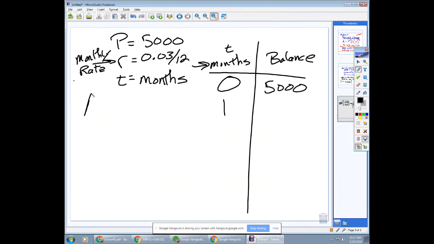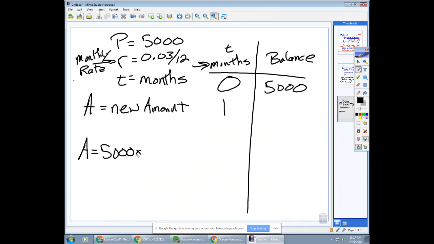From there, A is going to be my new amount. Let's write a formula. A is going to be equal to, what goes first in my formula? 5,000, the initial amount. Times, what comes next?